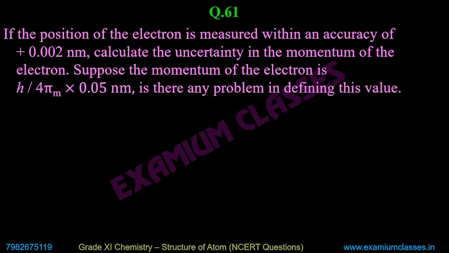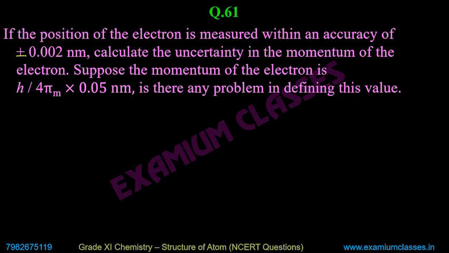Next question. If the position of the electron is measured with an accuracy of plus minus 0.002 nanometer, calculate the uncertainty in the momentum of the electron. Suppose the momentum of the electron is given by something. Is there any problem in defining this value?